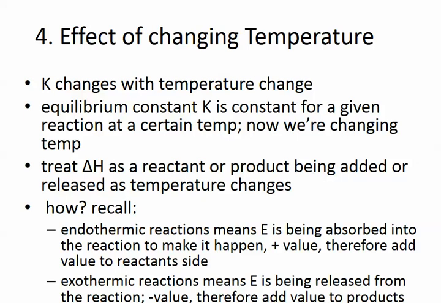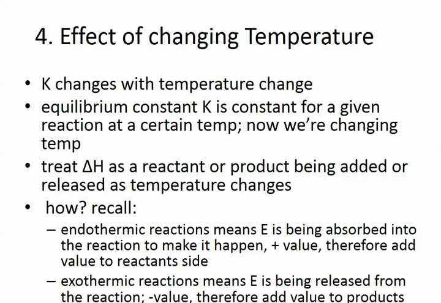An endothermic reaction means energy is being absorbed, so we have a positive value. An exothermic reaction means energy is being released, so we have a negative value. So the positive value we're going to add to the reactant side. The negative value we're going to add to the product side. So once we figure out what side, we can treat it just like adding or removing a product.